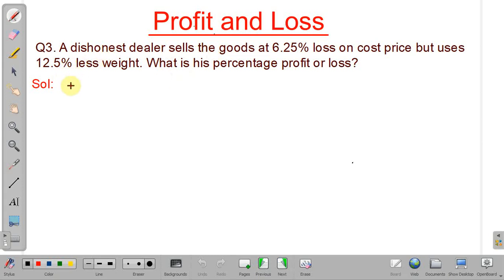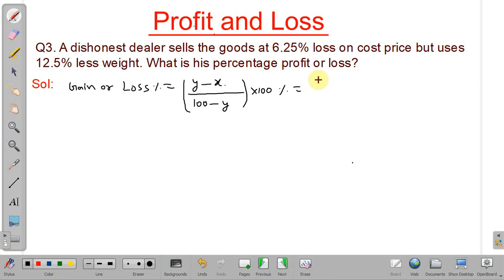See, the formula is gain or loss percent is given by (y minus x) divided by (100 minus y), into 100 percentage, where y is the less weight he is giving, that is the error in weight, and x is the loss percentage, that is 6.25%. So we can substitute the values and we will get the answer.